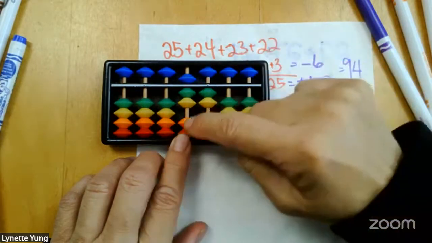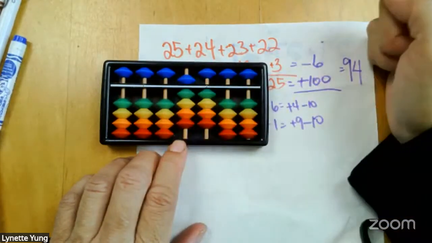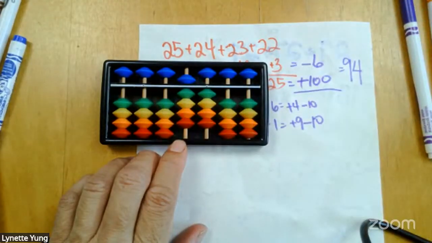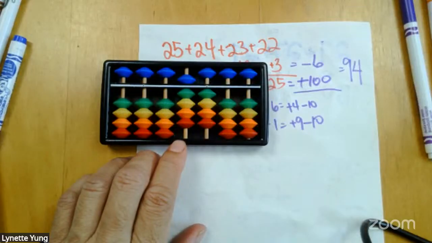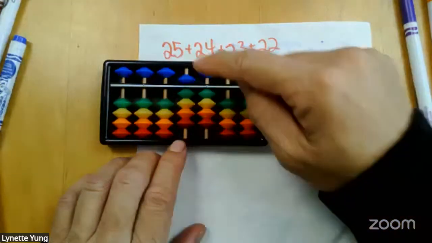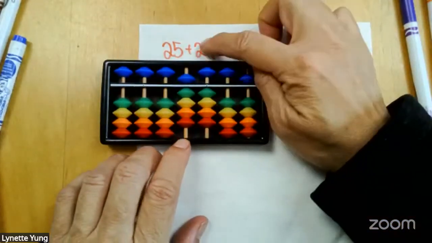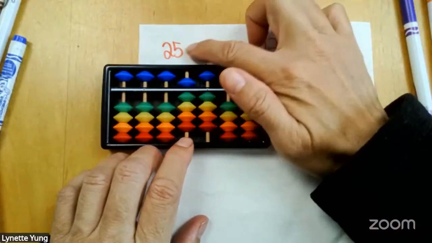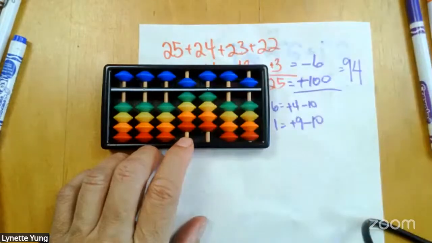Then plus 22. It's an interesting take on what they're doing. That one was pretty easy. The only hiccup was right around here when you get 49 and then you add the 23.